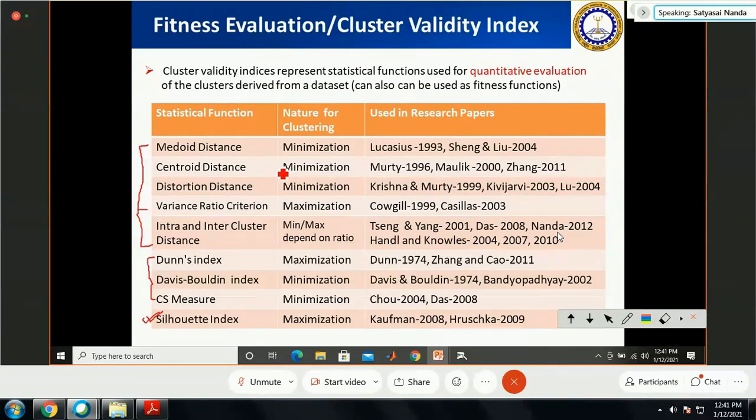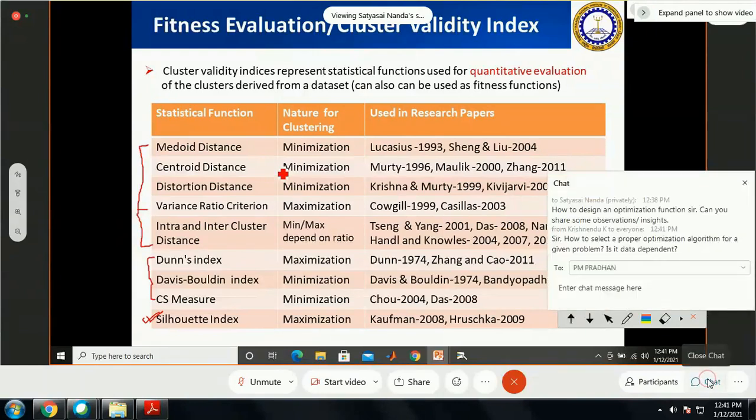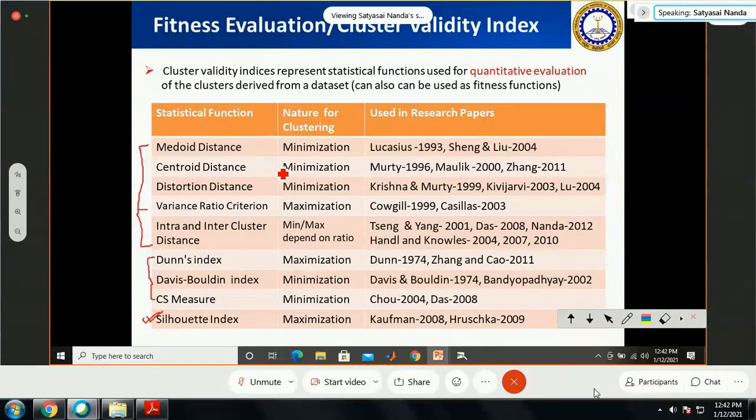So you can express the function and calculate the fitness function for the same. And these papers also I have already included. You can refer to these papers.